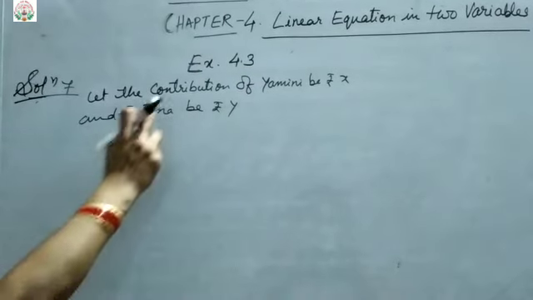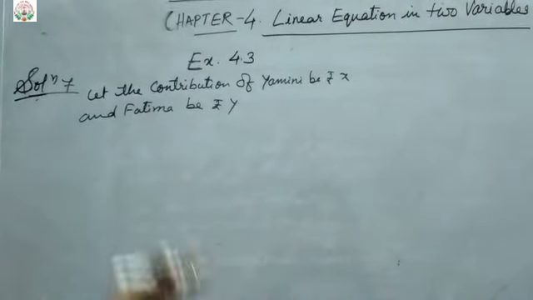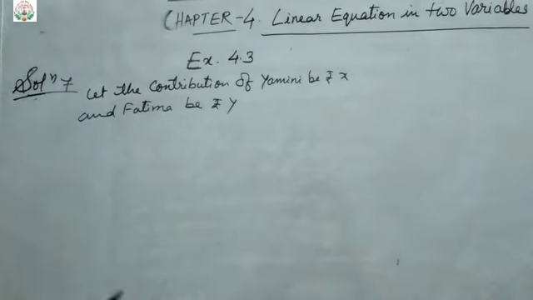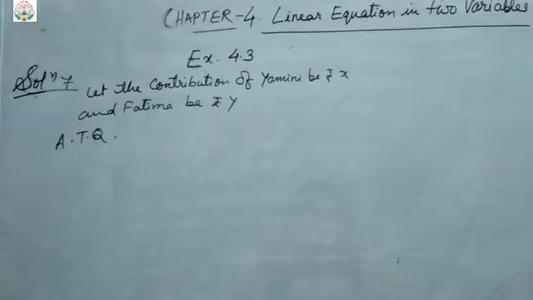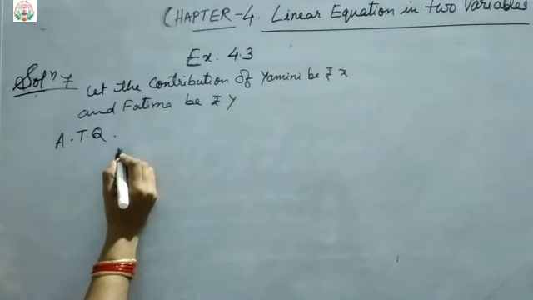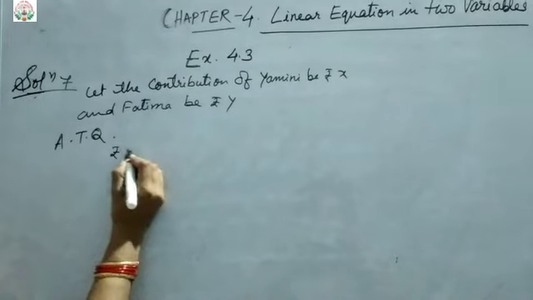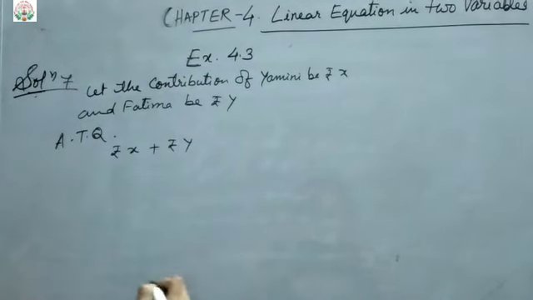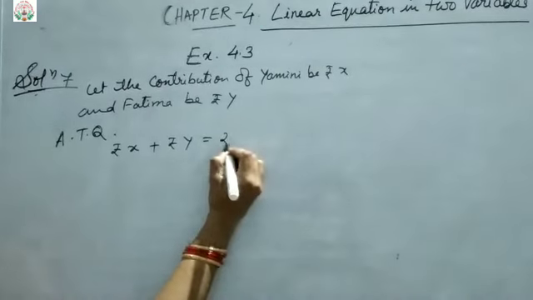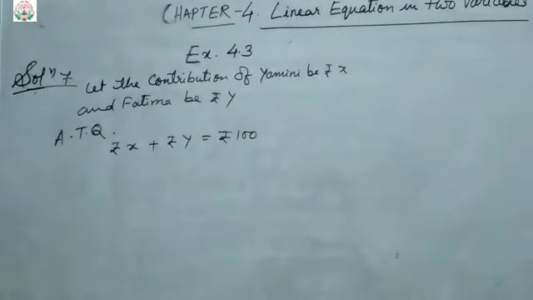Okay. So now after this, what is given? Together their contribution is how much? Rupees 100. So according to the question, the contribution of Fatima and the contribution of Yamini together is rupees 100.